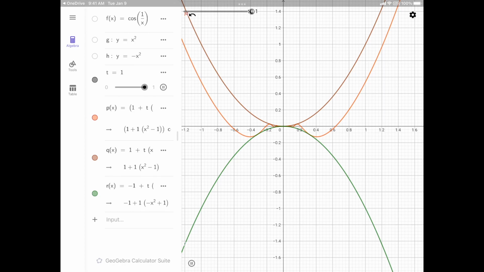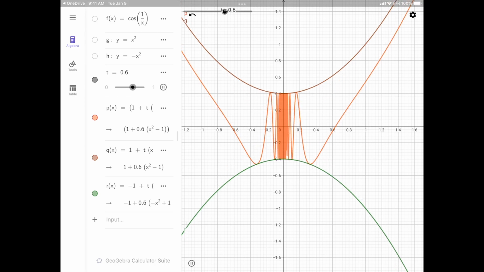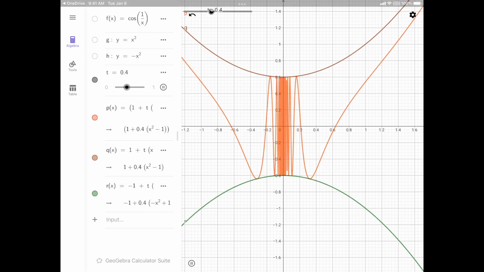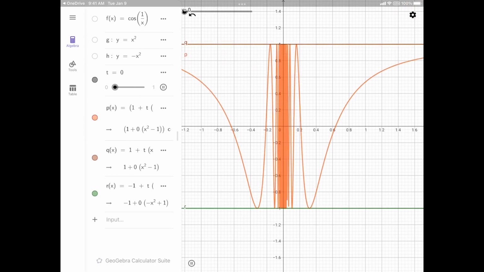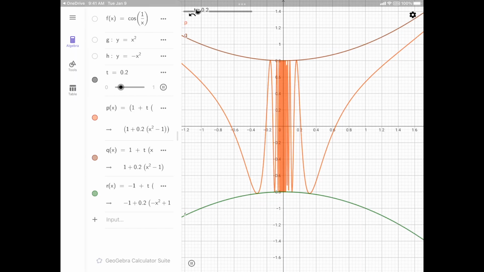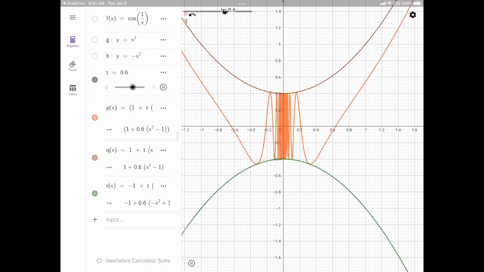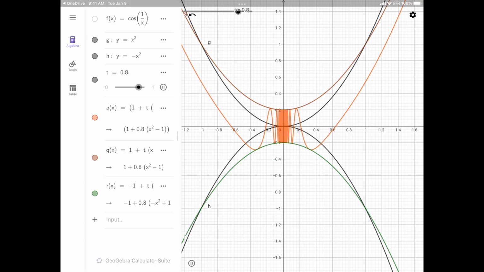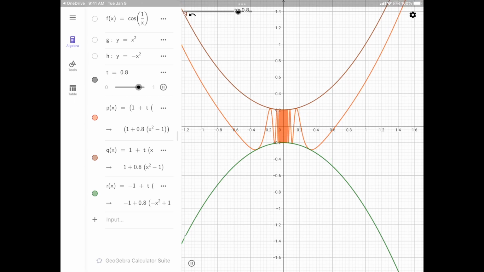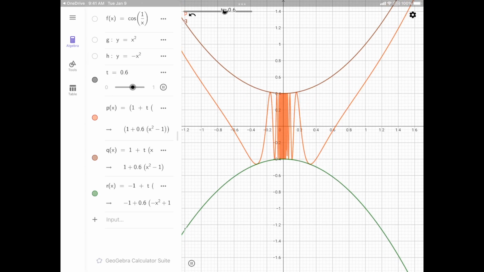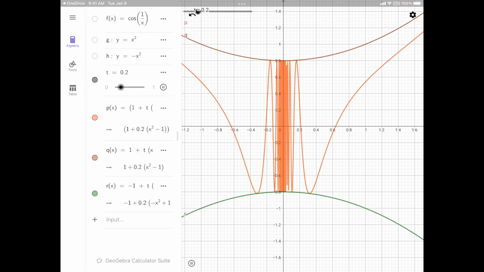So if I allow it to animate, you're going to see what I'm talking about. You have the original function, as soon as these become lines, and then as they approach the parabolas, the black ones, if you remember, we're squeezing them further and further and forcing the oscillation to stop and forcing the limit of the orange function to be 0 as well.